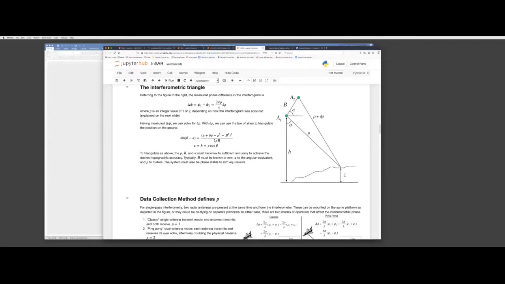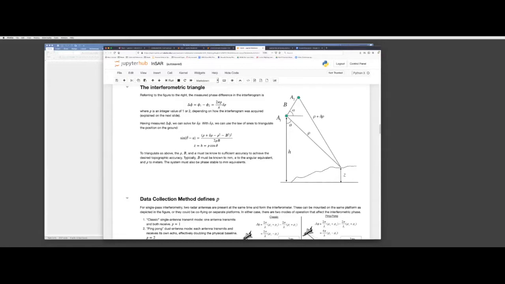So having measured that, we can solve for delta rho, and with delta rho, we can use the law of sines to triangulate to calculate the height. So if we know the baseline, which we typically do for our interferometer, we know the range, at least to a sufficient level of accuracy, and we know the angle of the baseline, which is this angle here, we can use that information with the estimate of rho, delta rho, from delta phi.